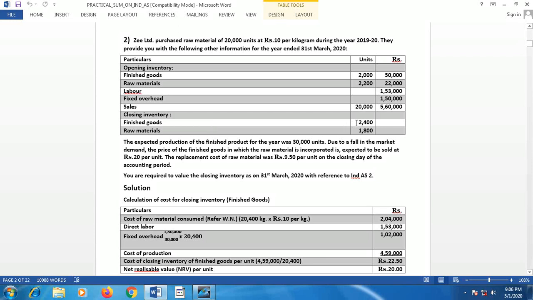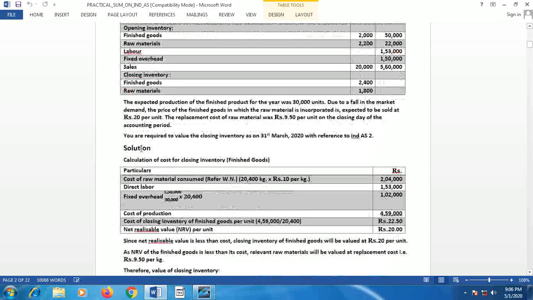And in case of raw materials, purchase cost of raw material or the replacement cost, whichever is less. These are the principles to be considered in valuation of closing inventory, whether it is finished goods or raw material, as the case may be.